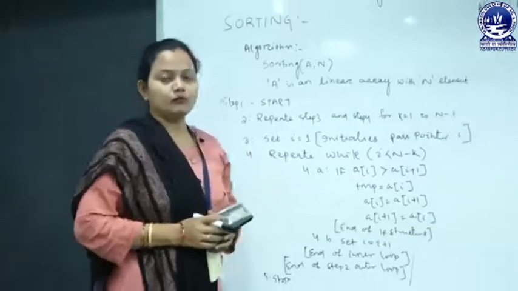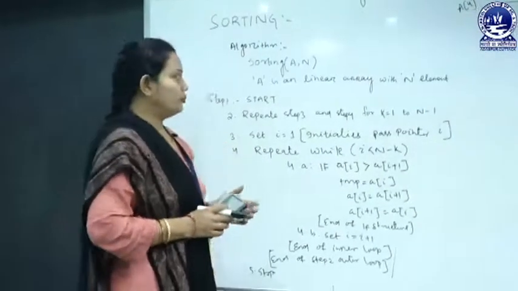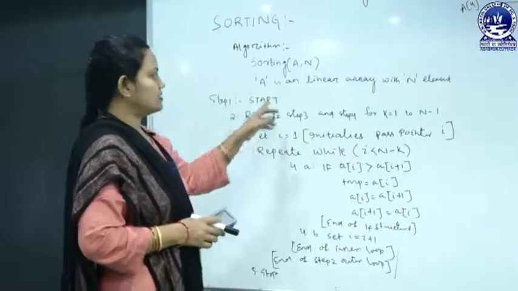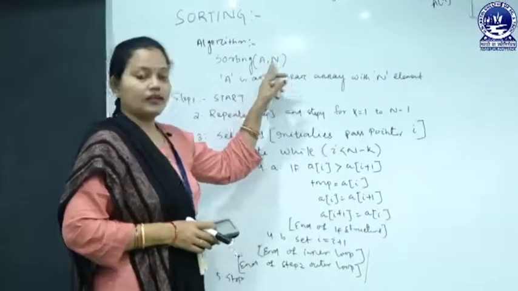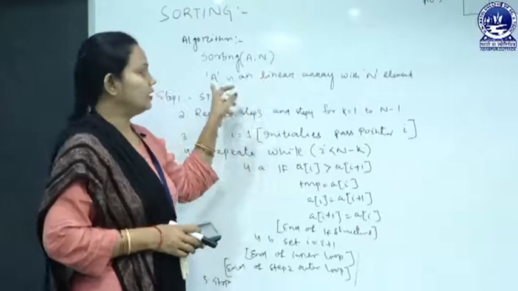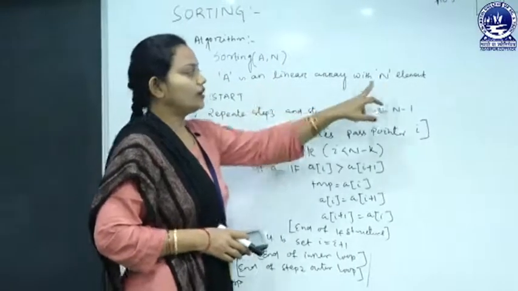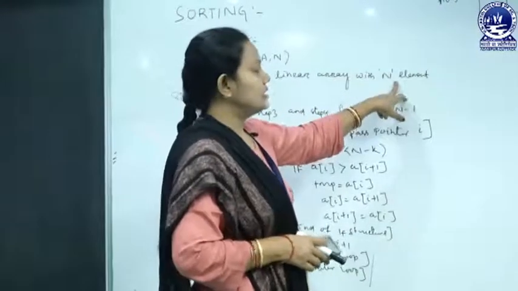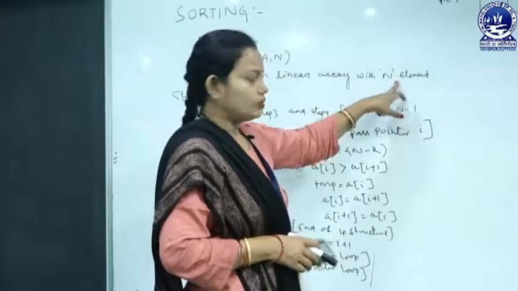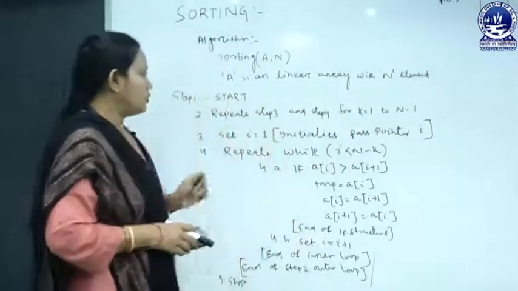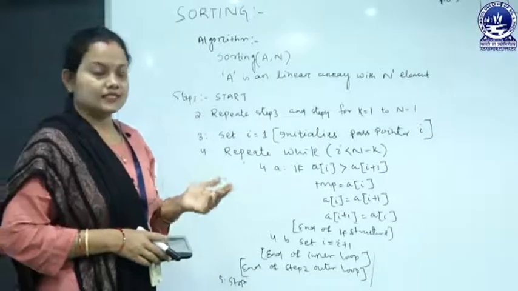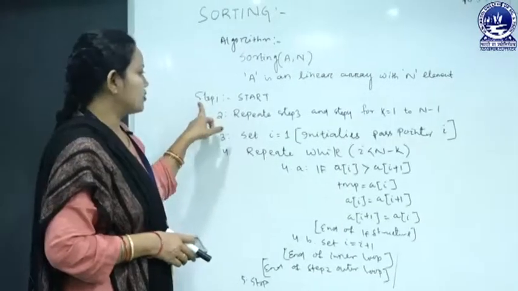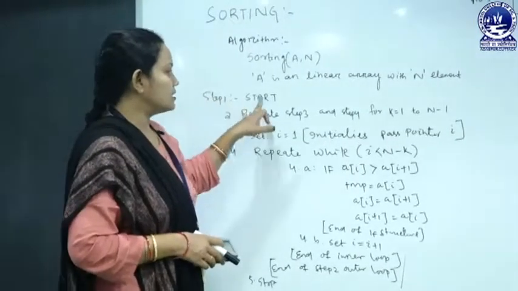For implementing bubble sort, the input required is a and n. Here a is the linear array with n elements, and n is the size of the array. According to the algorithm we already discussed, we start from step 1, that is start.